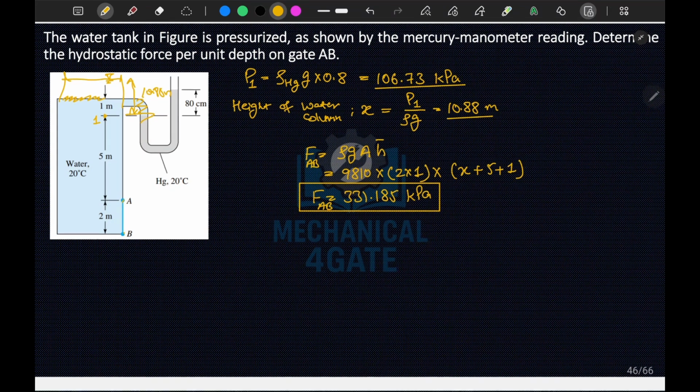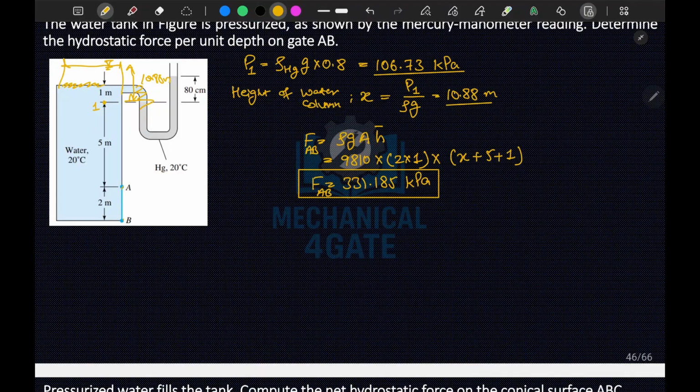Now as I mentioned, the pressure prism method. In the case of the pressure prism, I will first draw a pressure prism here. Let's say the pressure here is PA and here the pressure is PB, and the variation should be linear because pressure varies linearly with depth.